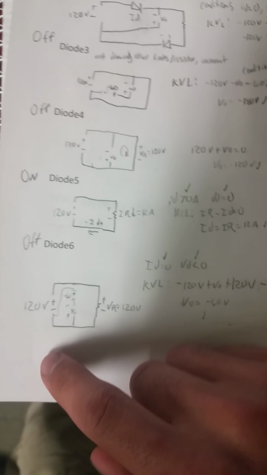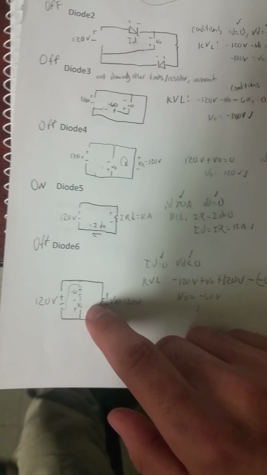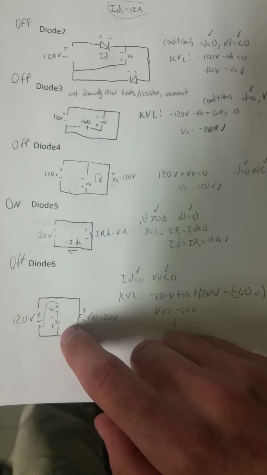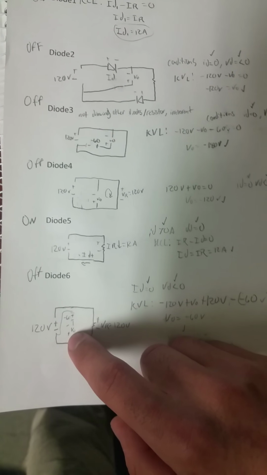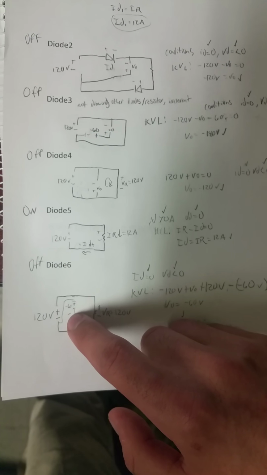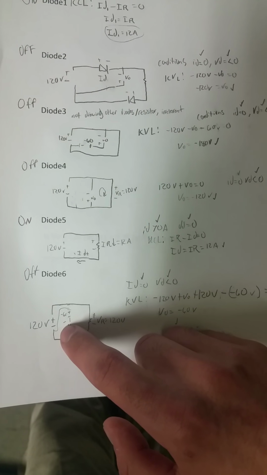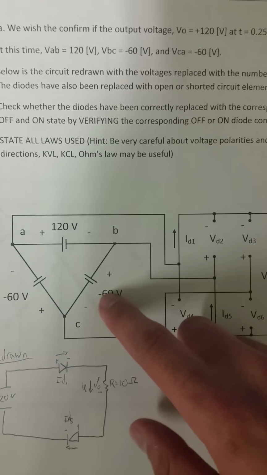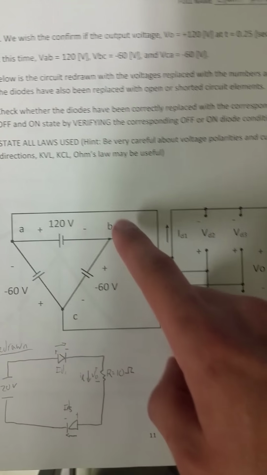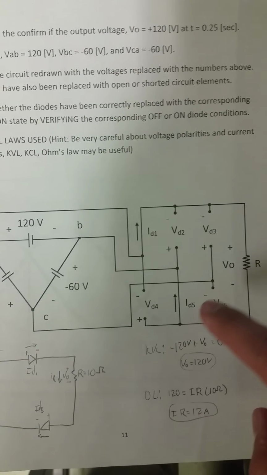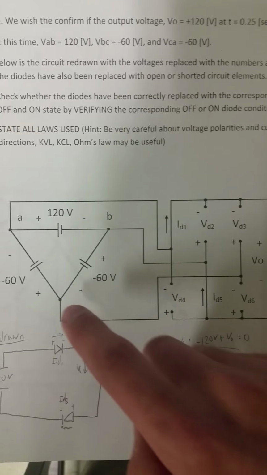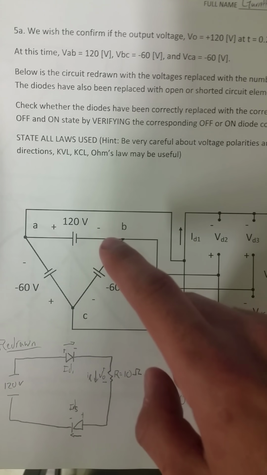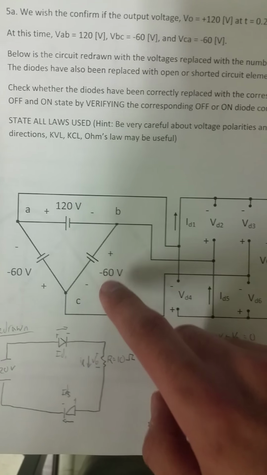So if you see here, negative 120 volts, positive 120 volts, comes back in on the positive end here, and this is negative 60, negative 60. That comes from this guy right over here, because if you trace this out, 120, here's diode 6, goes back here to the negative 120, negative 60.